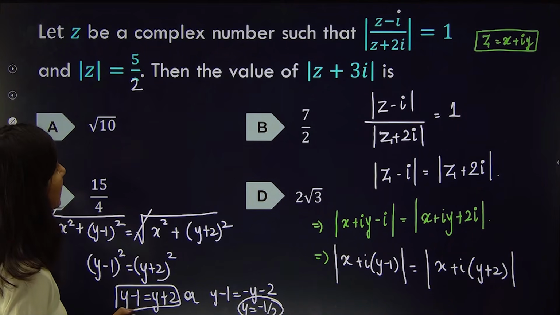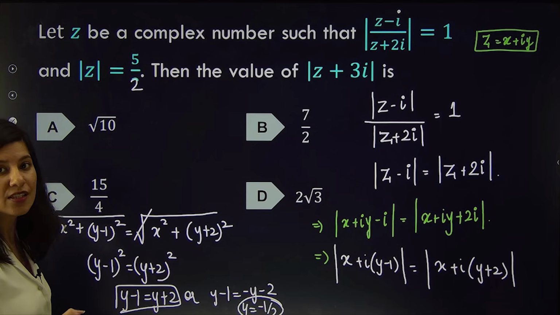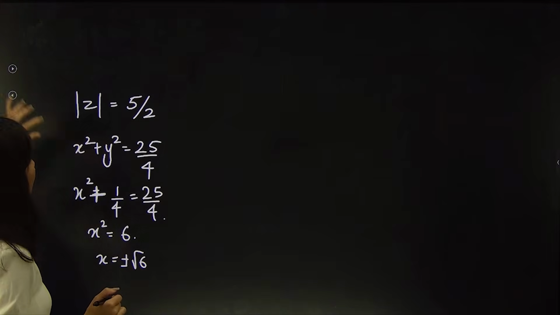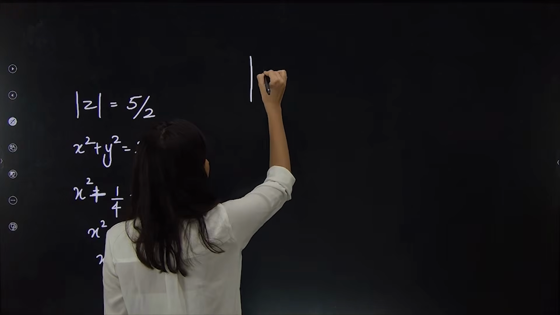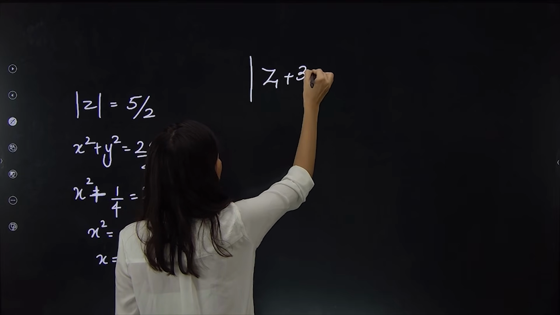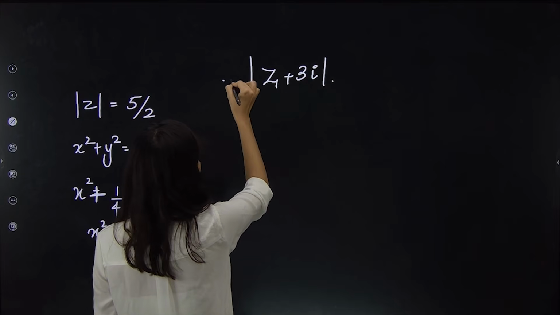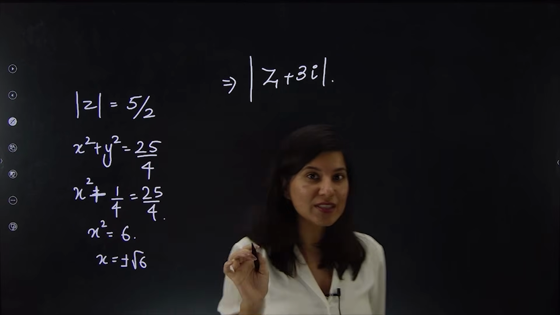As per the question, what are they asking? The value of mod of (z plus 3i). So basically, there are two ways to go about it. Let me just introduce it.